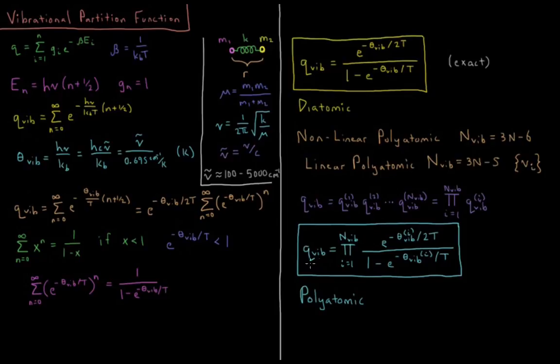So your vibrational partition function, if you were exclusively in the ground state, would just be 1. So usually it's some number which is slightly bigger than 1, like say 1.03, 1.01, 1.001, because most molecules are in the ground vibrational state at room temperature.